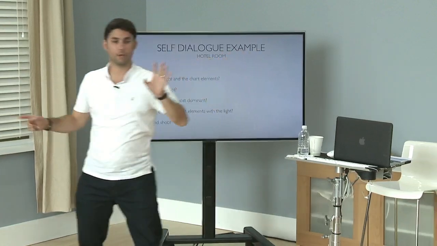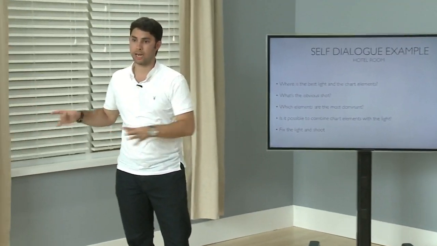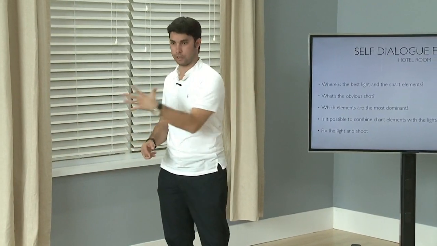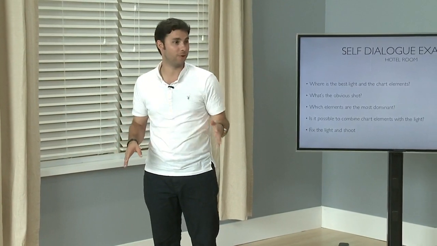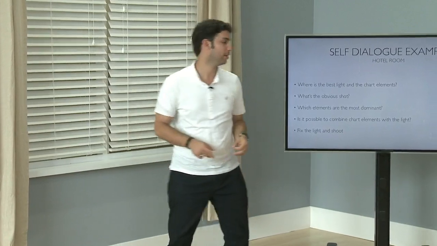You could direct the light using tools. Correct. You can fix the light. Or you can go for the less interesting photo, but with a really good light, right? Or you can grab all the chart elements and bring that quality of light over here. You fix it. And we have been fixing photos with light all 3 days, right?